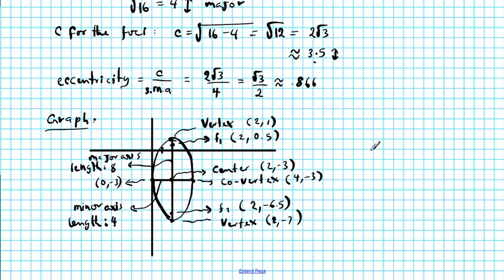But on the side here, the 2 relevant pieces of information that are normally asked for in the graph are the foci. So the foci are basically your F1 and F2. The foci are 2, -6.5 and 2, 0.5. And then the vertices are just your vertex.